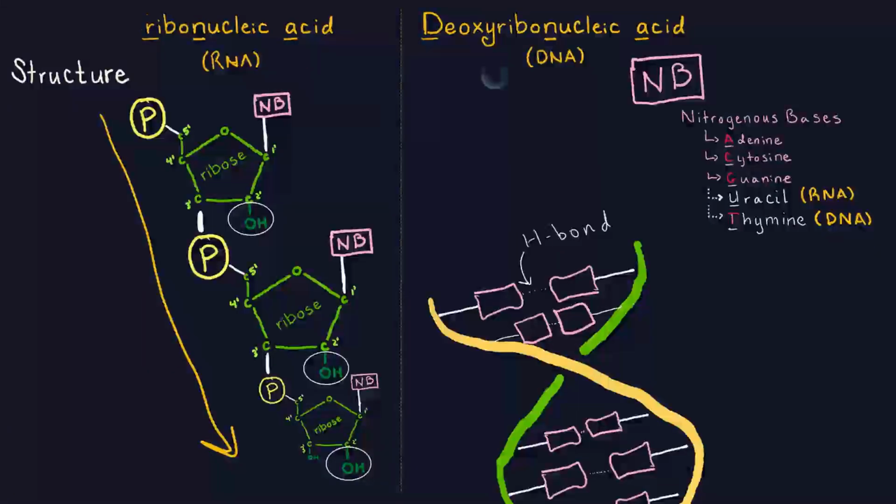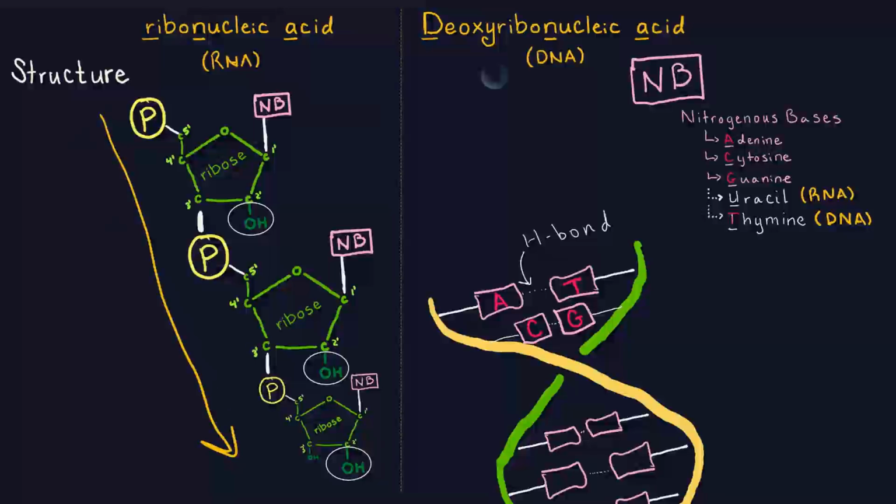Now, as it turns out, not just any nitrogenous base can bind with any other nitrogenous base. Only certain bases can bind with certain bases. So, for instance, adenine can only bind with thymine, and vice versa, and cytosine can only bond with guanine, and again vice versa.